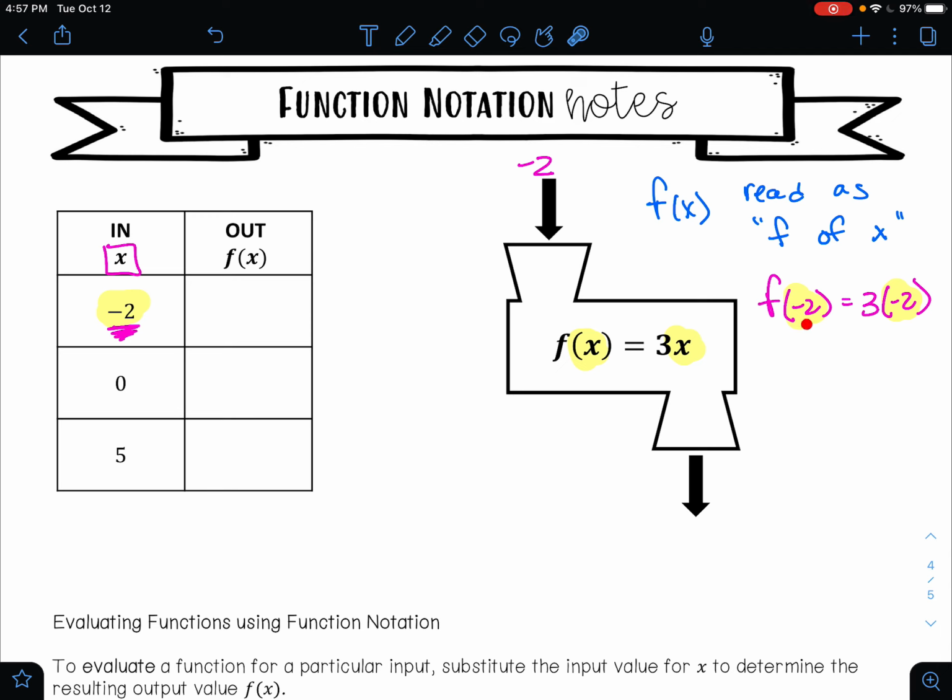This is the price, right? All we have to do is simplify over here using the order of operations. You could also use your calculator. What's 3 times -2? -6. So when -2 goes into the machine, -6 comes out.